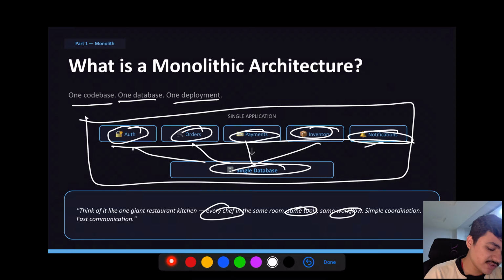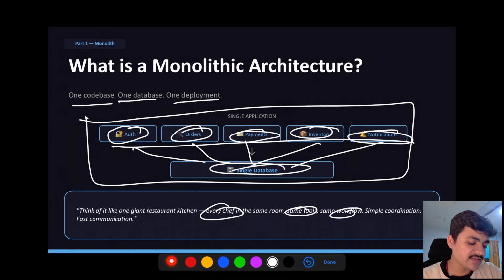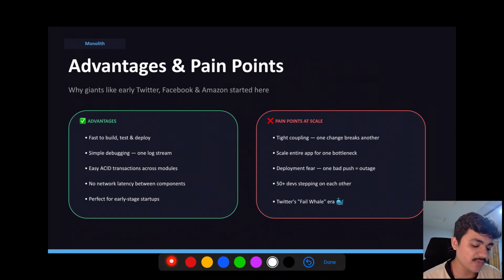These services use a single database as the point of truth, and it is deployed on a single server. So this is what a monolithic architecture looks like. Your code base, your database, and your deployment, everything is clubbed up into a single unit. It works as a single unit.